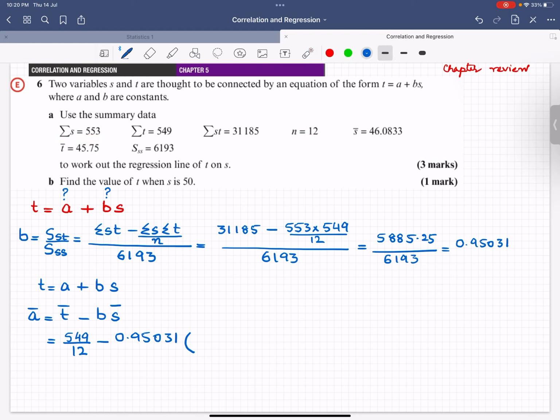So 553 divided by 12, and that will give us the value of a, which is 1.9565.